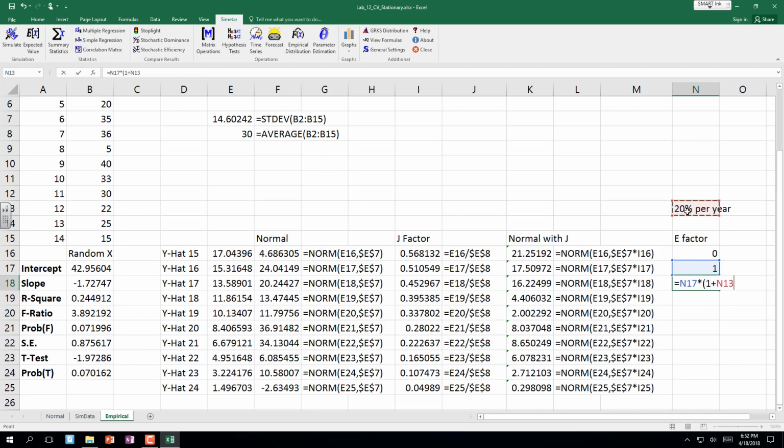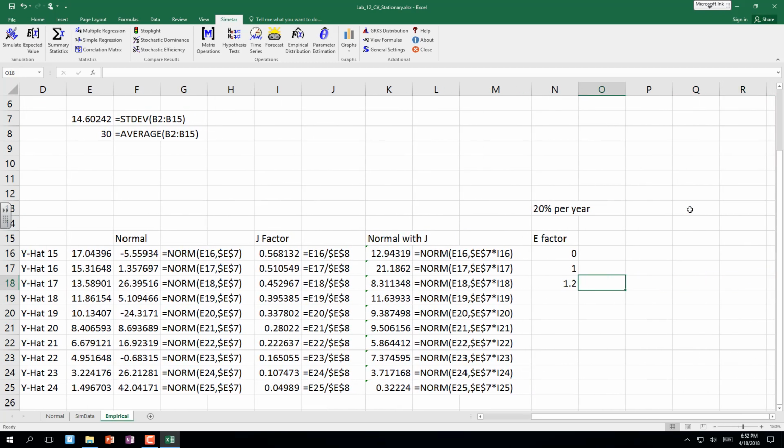Okay, how do you do that? Well, you can say del text, left parenthesis, click on that, hit F4, parenthesis, divide by 100. And it worked.